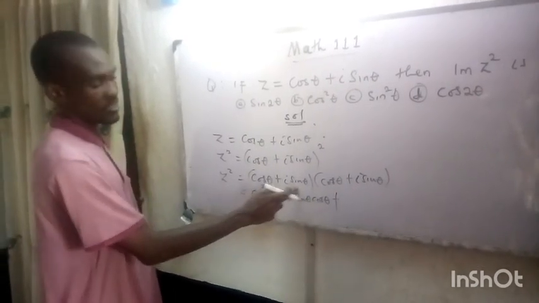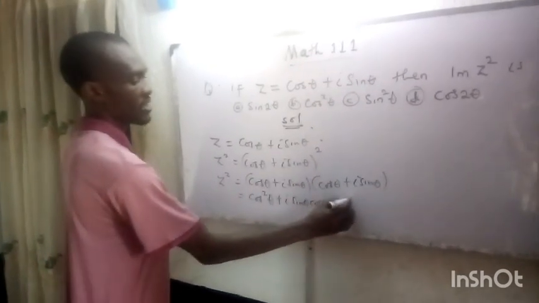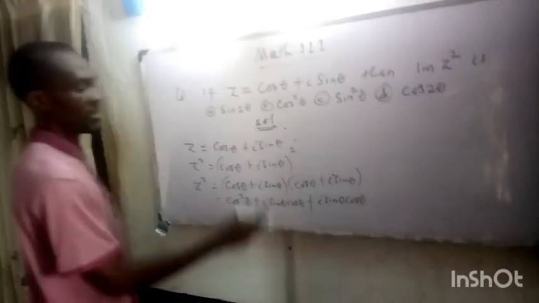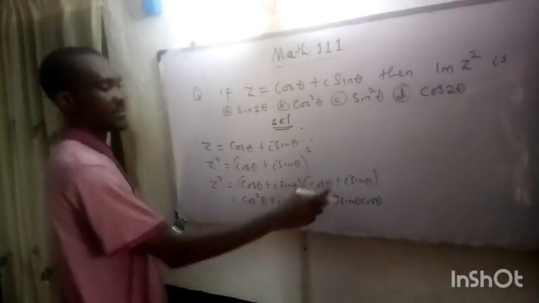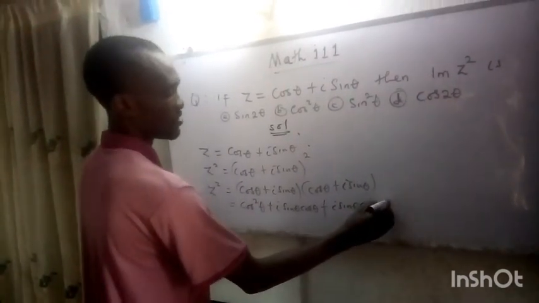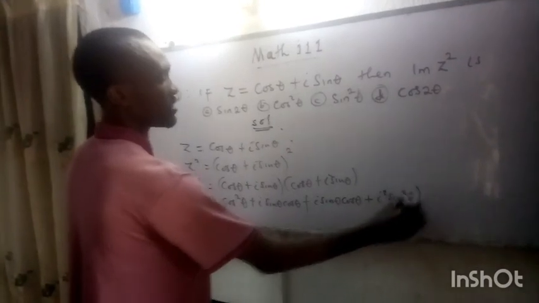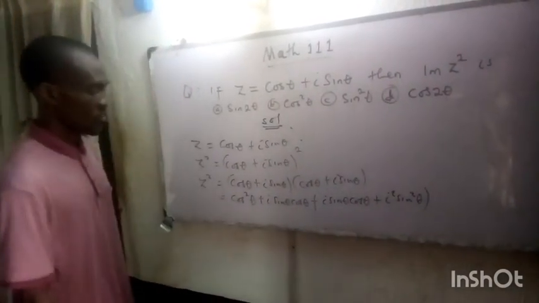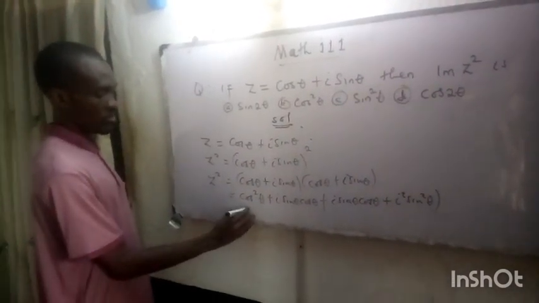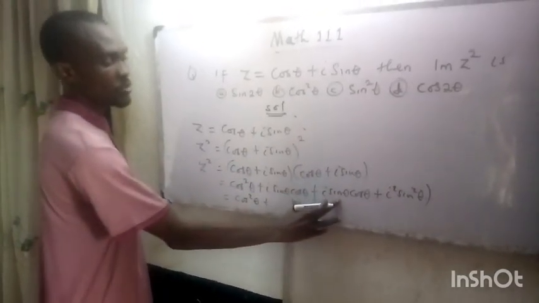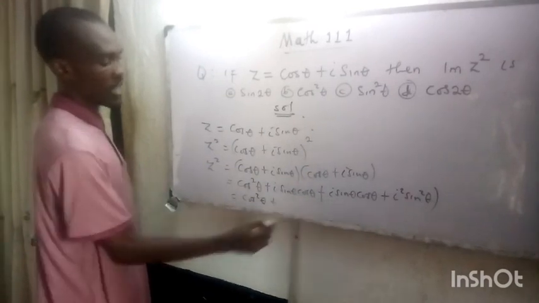Then i sin theta multiply cos theta. This is i sin theta cos theta. Then i sin theta multiply i sin theta. This is i square sin square theta. So we have cos square theta plus, now look at this, both are similar, so we are going to add up.